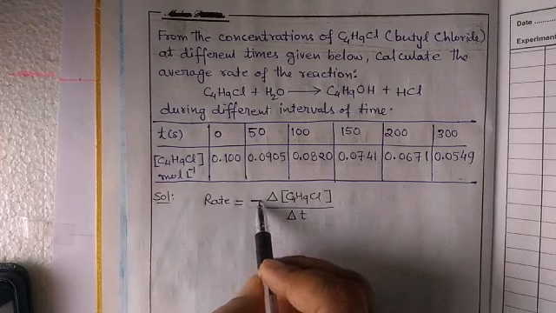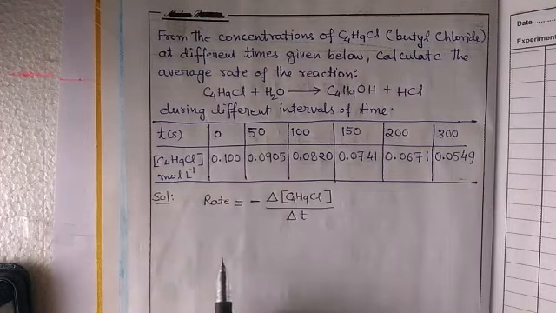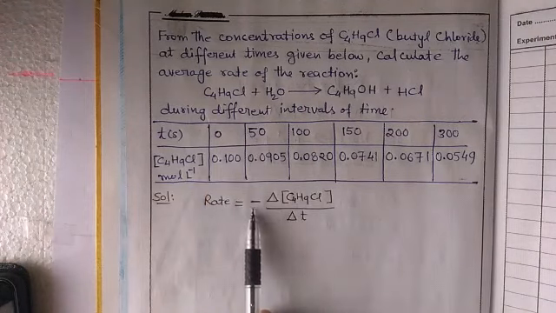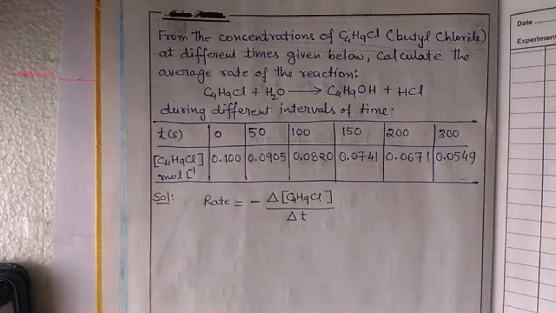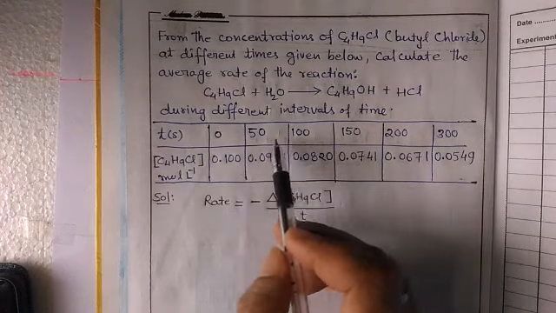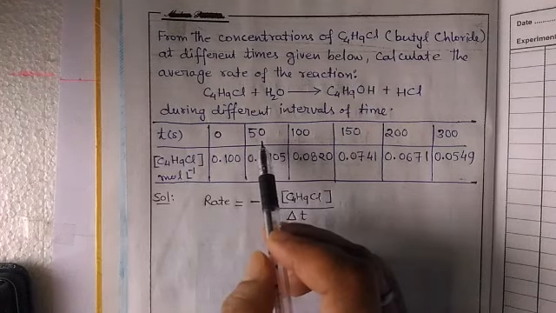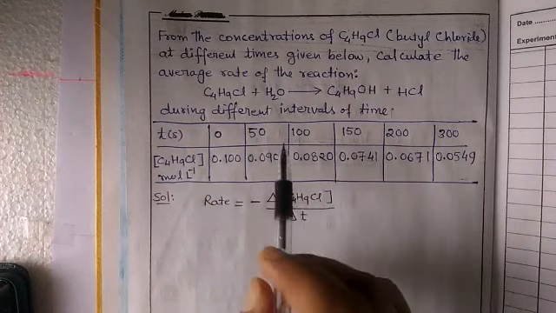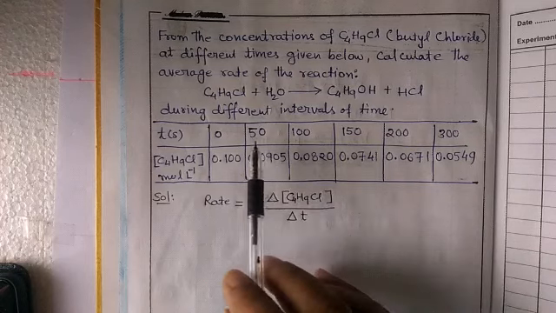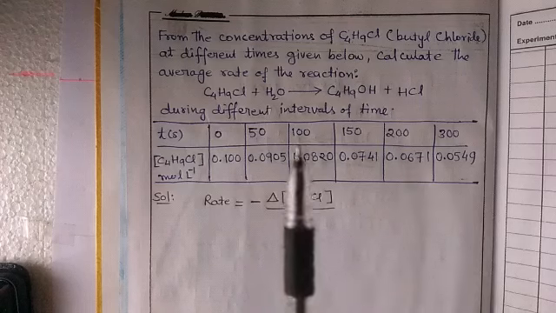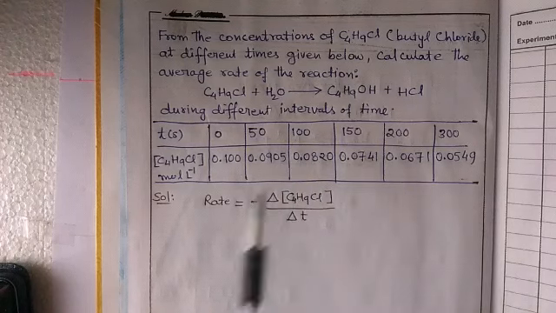Now we know, because it is a reactant, its concentration will decrease, so we have put negative in front of it. Now let's find average rate of reaction between 50 seconds and 100 seconds. It means the reaction has completed 100 seconds, and now we want the average rate of this reaction between 50 to 100 seconds.